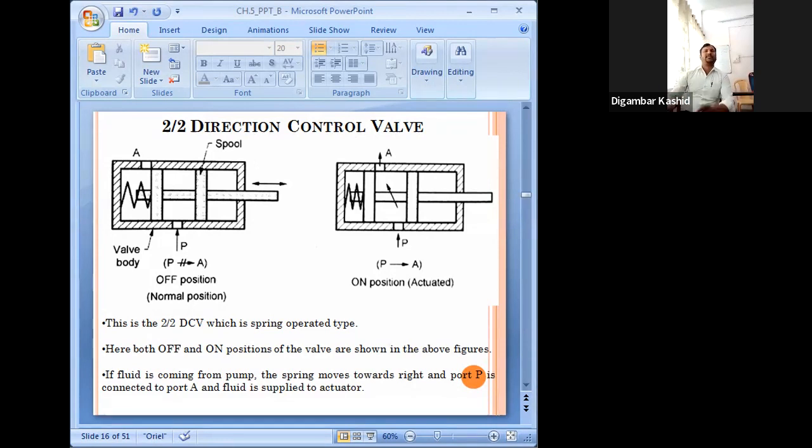You can see the spring is here, and both the off position and the on position of the valve I have shown. If fluid is coming from the pump, that means P, and the spool moves towards the right, then port P will be connected to A, getting it? And fluid is supplied to your further actuator.